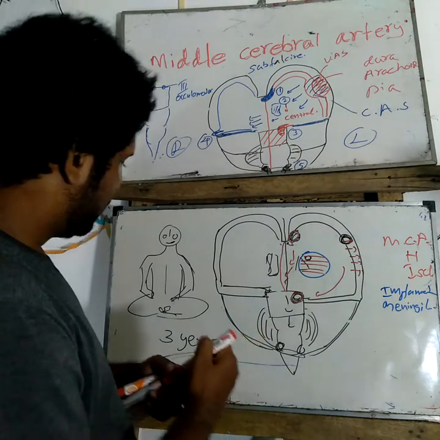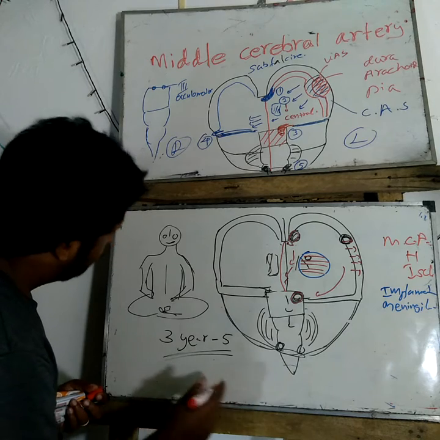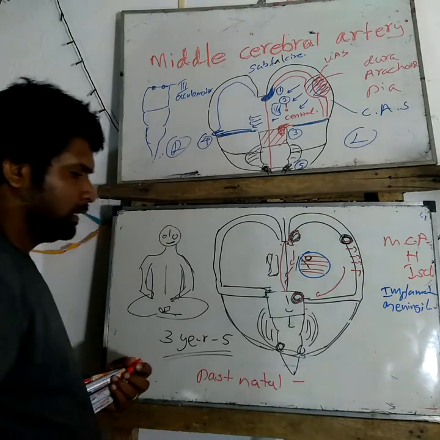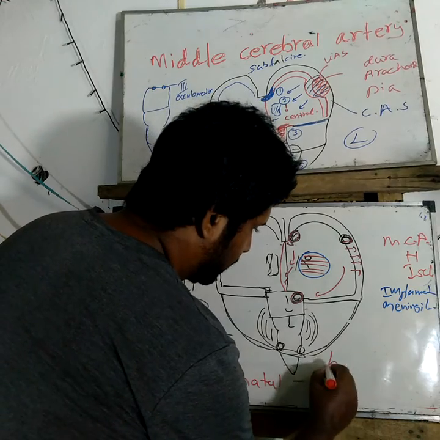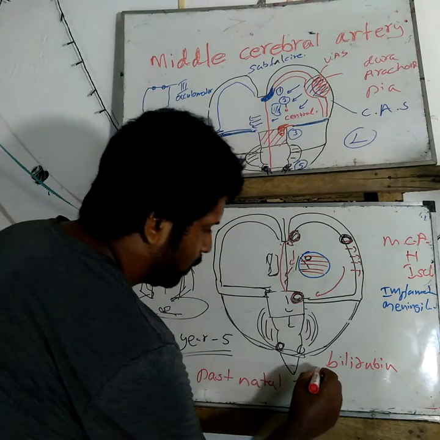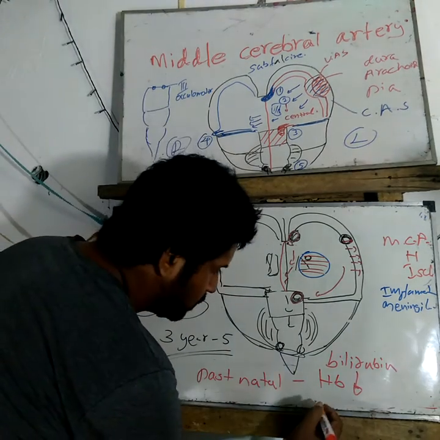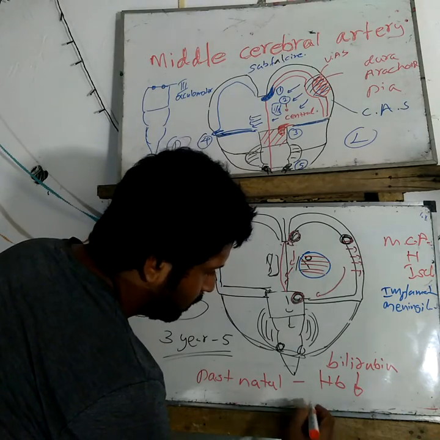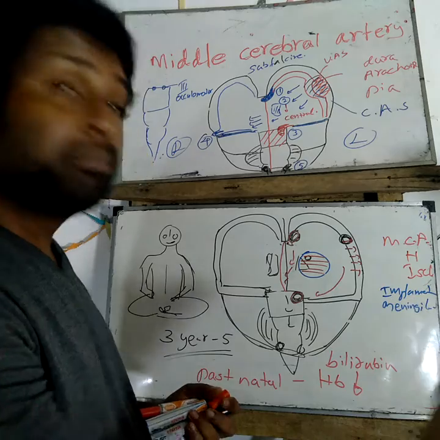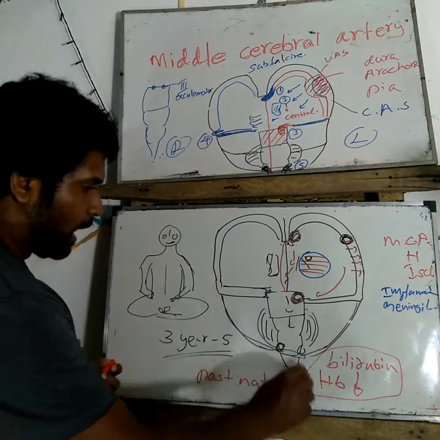And this baby, at the delivery time, postnatal time, had a bilirubin problem, a bile problem, an HB reduction problem, some form of jaundice, hypobilirubinemia or hyperbilirubinemia. Some such condition happening affects the brain.